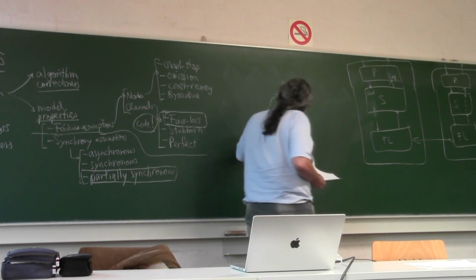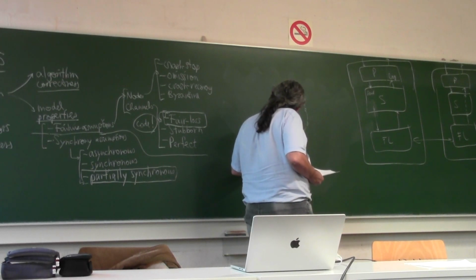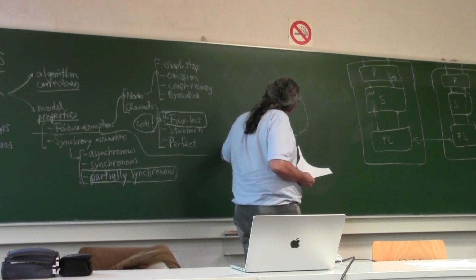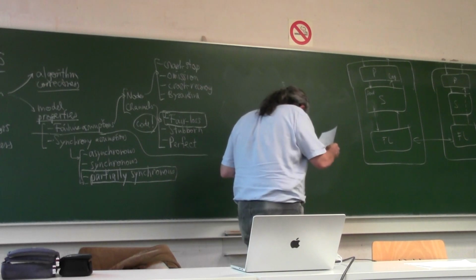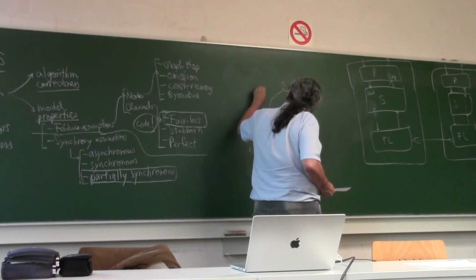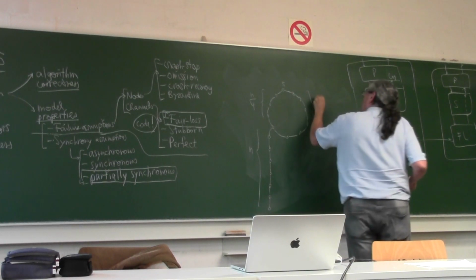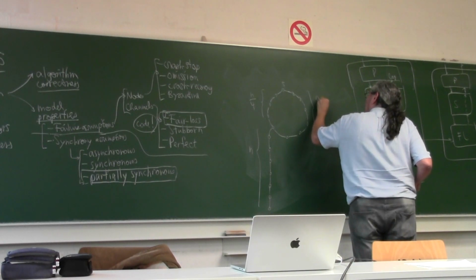And then there are other nodes coming out here. Let's say we have n nodes here, n over 4 here, and 3n over 4 here.